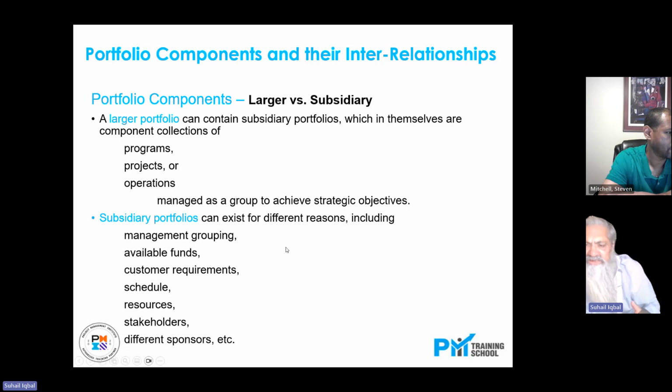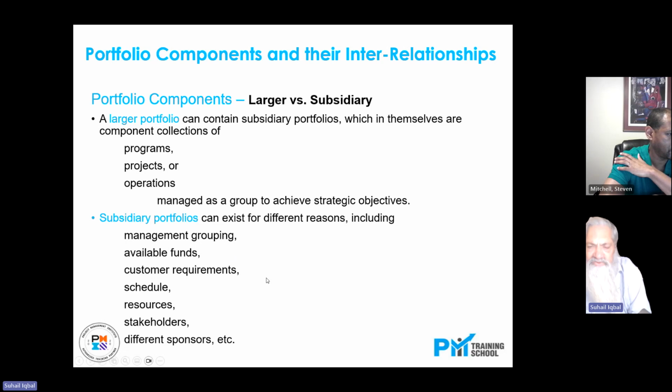Maybe these portfolios are orchestrated or designed according to the funding. You say funding group 1 is one portfolio, funding group 2 is the second portfolio, funding group 3 is the third portfolio. Yes, of course, from the customer requirement, a customer satisfaction portfolio, a production portfolio, or something like that.